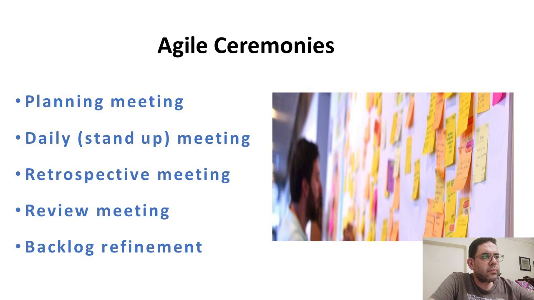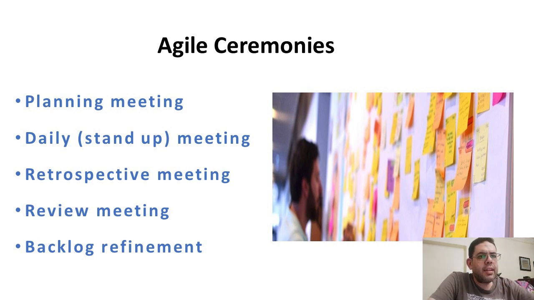First of all, there is the planning meeting, in which the project team gathers and makes the planning for the project. Then there is the daily stand-up meeting, which, as its name says, happens daily, just to follow up the project.